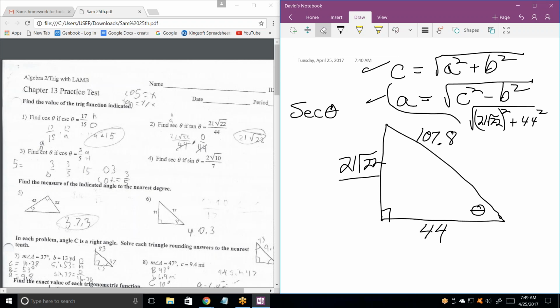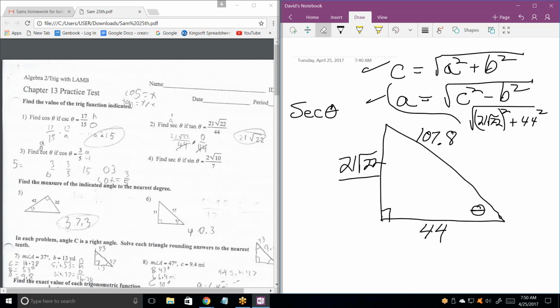Now, if you were doing this the hard way, where you were solving for theta first, then it would matter what your calculator is. But if you're doing it the way I'm showing you, you should never be solving for theta. There's no need to solve for theta.